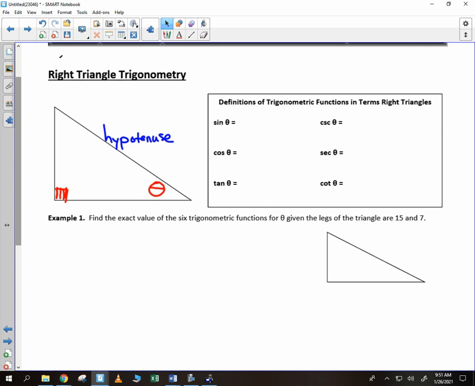If you were to actually draw the angle theta like this, notice that one of the sides is the hypotenuse. The other side is the adjacent.